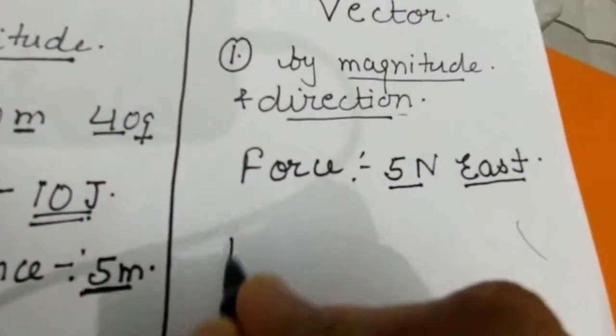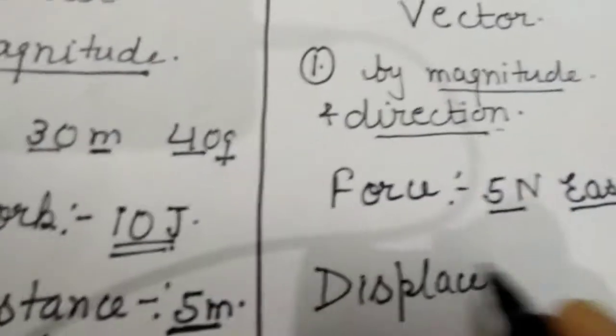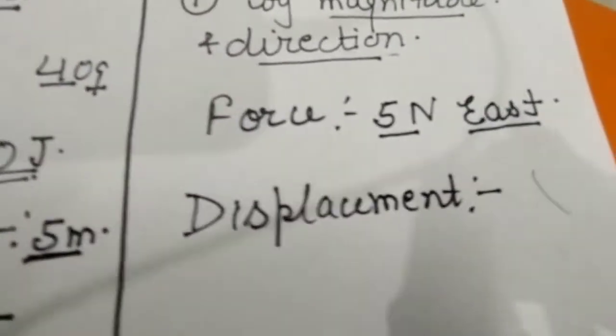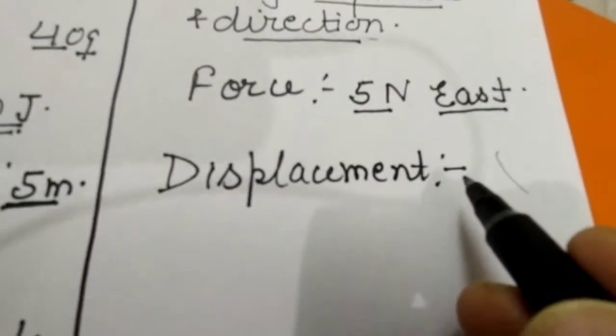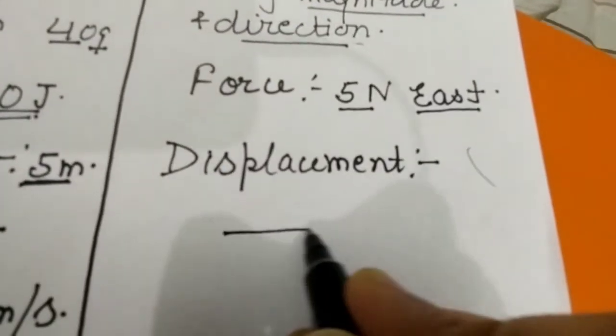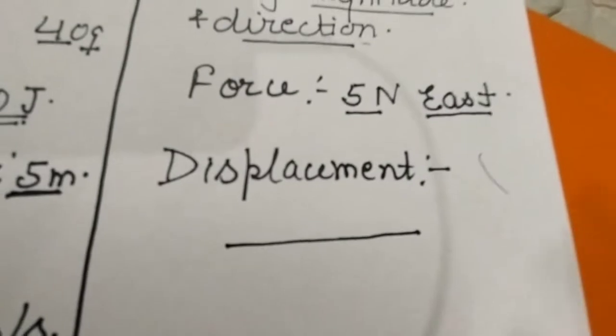Second example, we can take displacement. We know displacement is the shortest path length. And displacement always has a specific direction, because displacement is always a straight line path, so it will always have a particular direction.